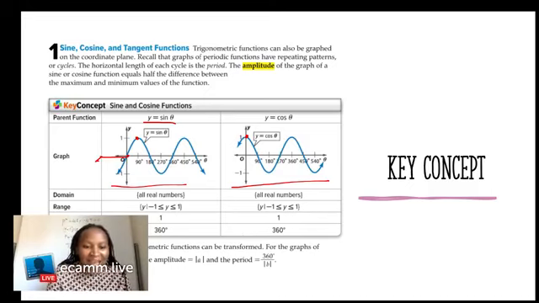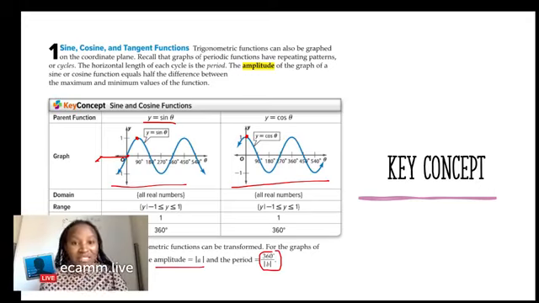So the amplitude, as you can see, is given by the absolute value of A, and the period is given by 360 divided by the absolute value of B. So for the absolute value of B, if it's negative, it must be positive.